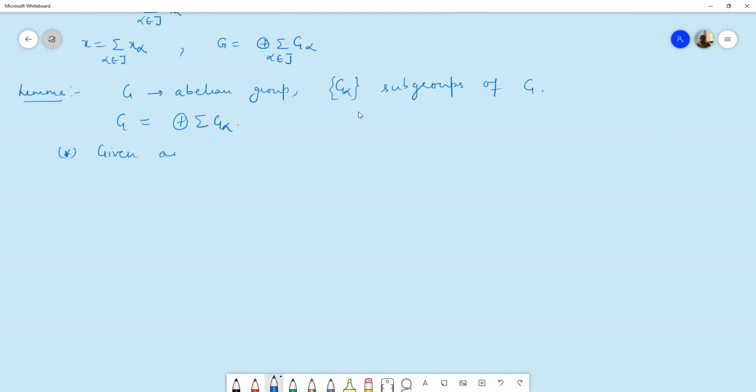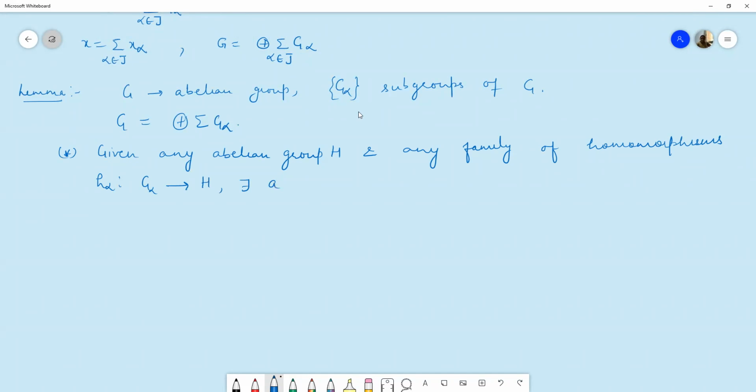Given any abelian group H and any family of homomorphisms H alpha from G alpha to H, there exists a homomorphism H from G to H such that H restricted to G alpha is equal to H alpha for each alpha.